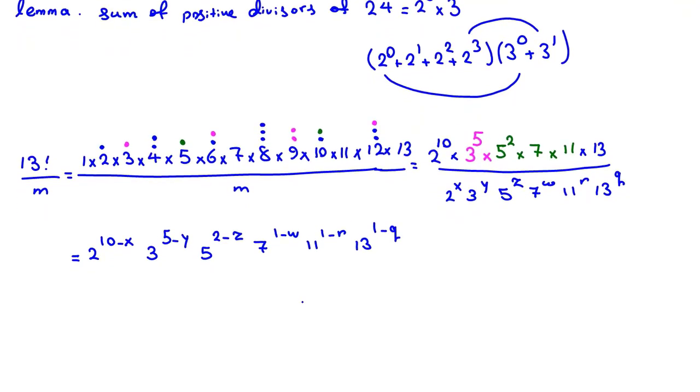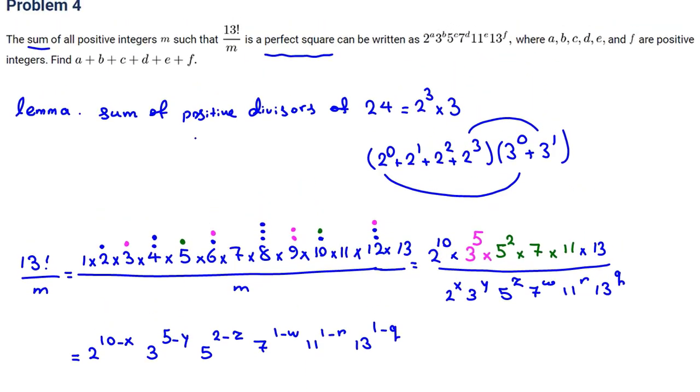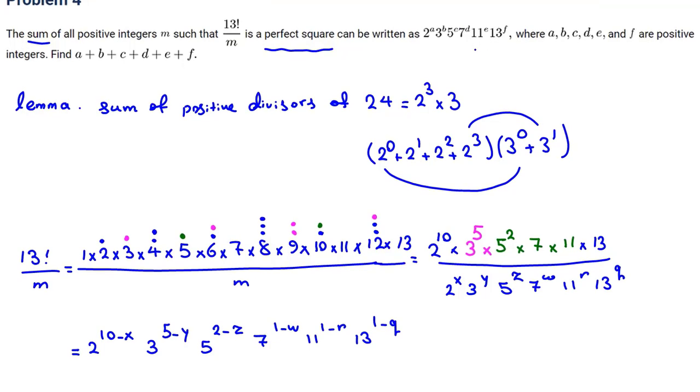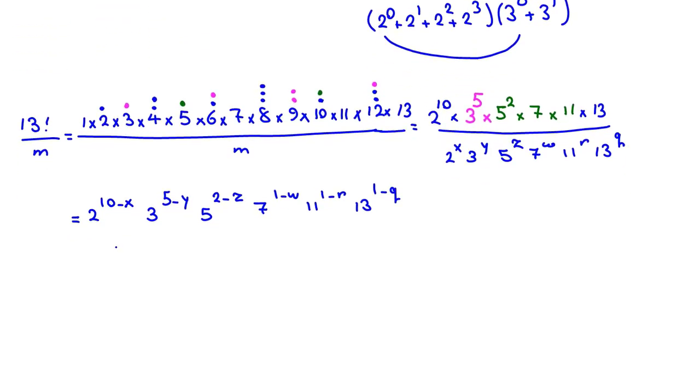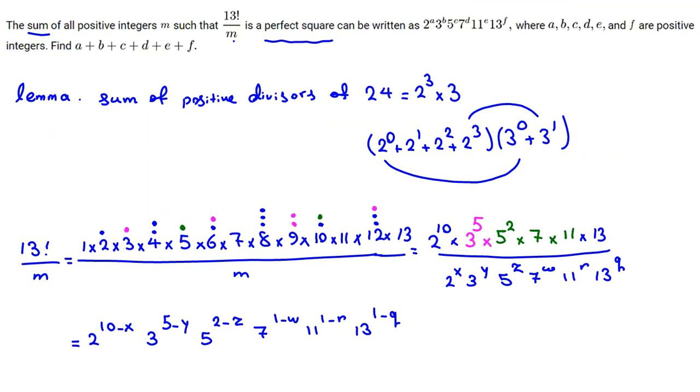And it says m can be written like this, 2 to the a times this, and this one, 13 factorial over m, like this. Okay, it is m. So we can do something.